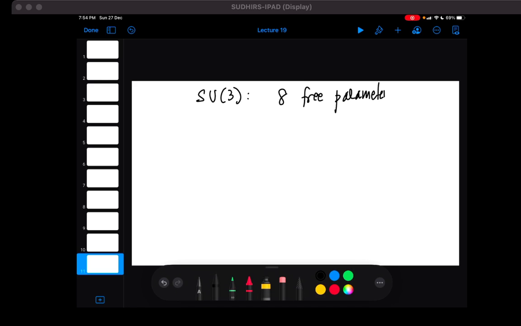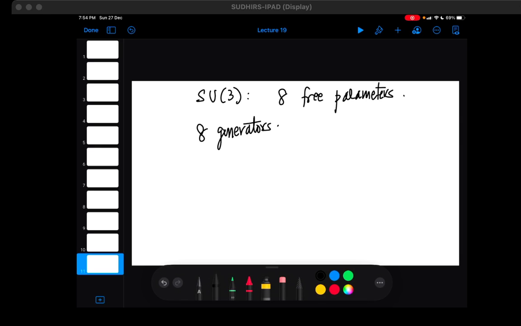So that means we have 8 generators, and it's a 3 by 3 matrix with complex entries.